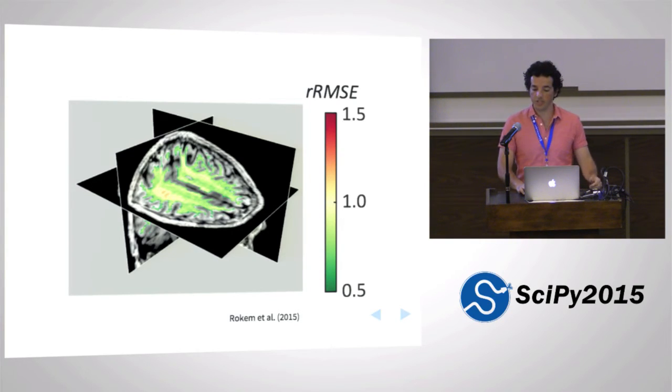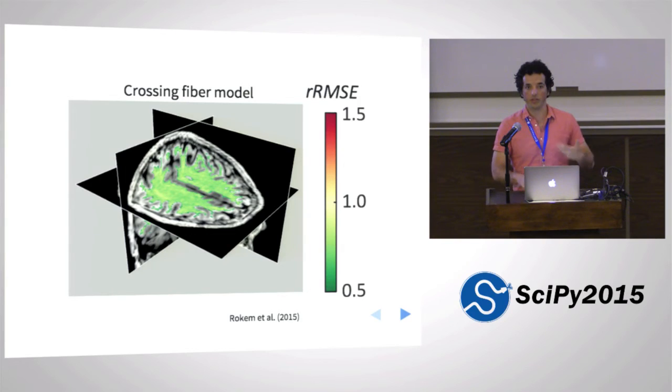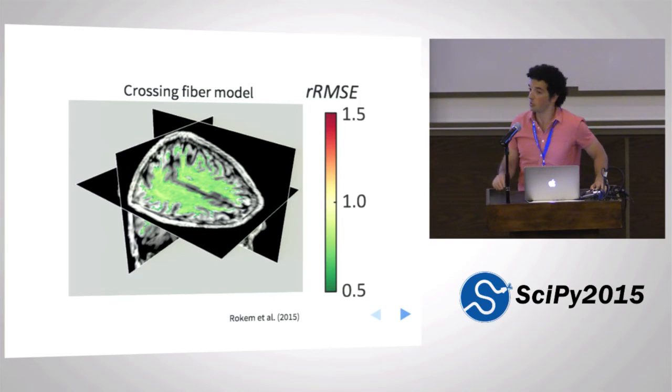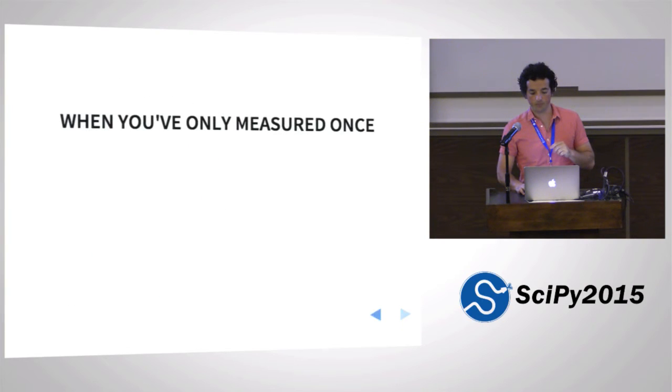But for these crossings, we actually need another kind of model that incorporates the notion of crossing fibers. And when we use a model like that, we can see that relative root mean squared error is now pretty much in the entire brain smaller than 1. So this model actually captures the signal very well. And this kind of result gives us a validation that this model is a good model of the signal.